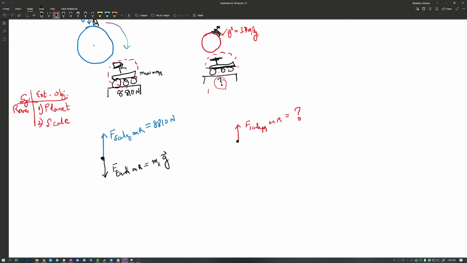And this is force scale on rover while on Mars. And there's another force, the force that Mars exerts on the rover. We could figure this one out too, right? It would be the mass of the rover times the vector g, but now on Mars. So g Mars, g Earth. Distinguish between two different vectors if they're being designated by the same letter accidentally. Make sure you put subscripts or something to distinguish between them.